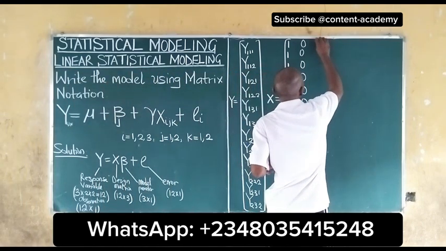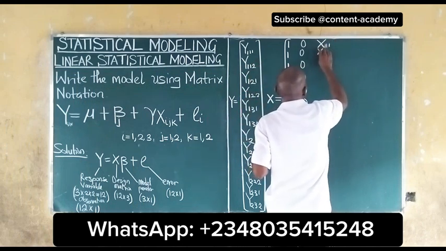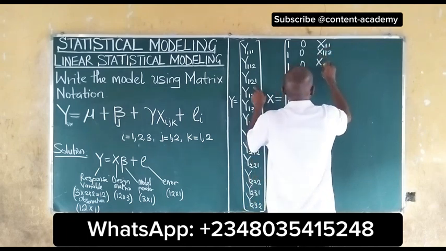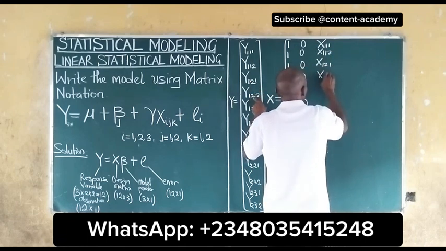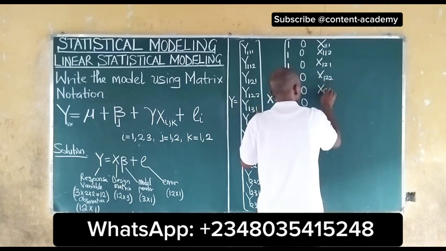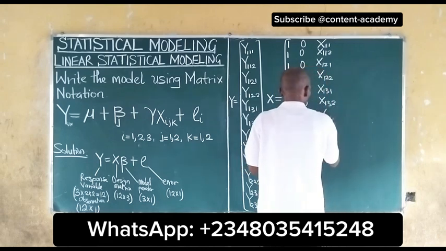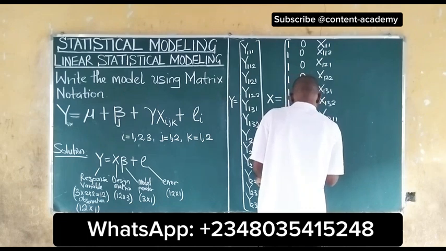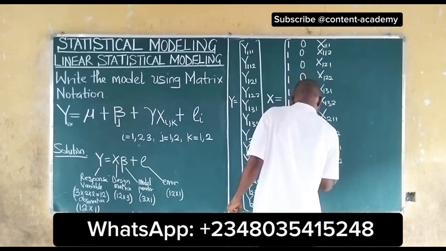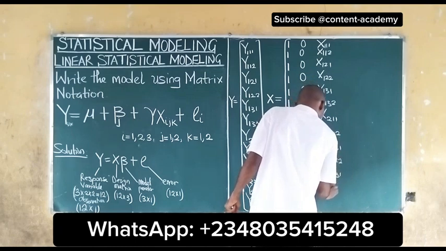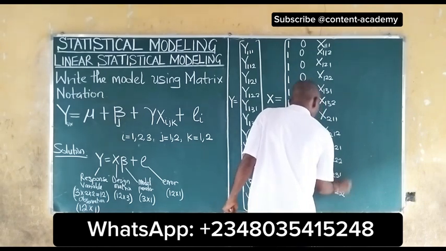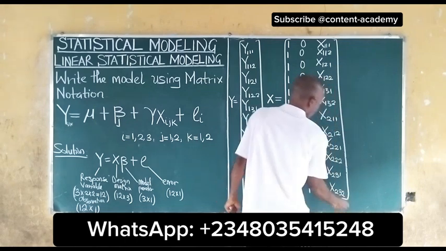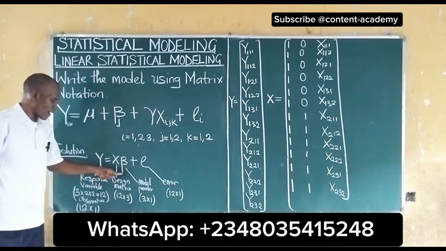So our values for x all through is just the same thing we have here: 1, 1, 1, 1, 1, 2, 1, 2, 1, 1, 2, 2, 1, 3, 1, 1, 3, 2, 2, 1, 1, 2, 1, 2, 2, 2, 1, 2, 2, 2, 2, 3, 1, and 2, 3, 2. So these are the matrices for x.